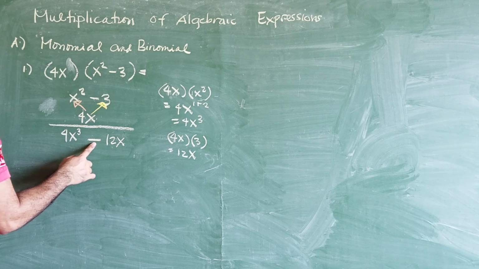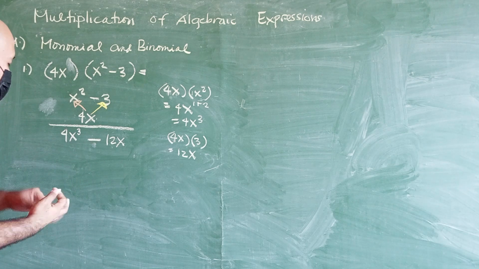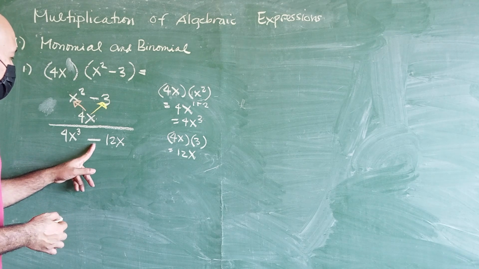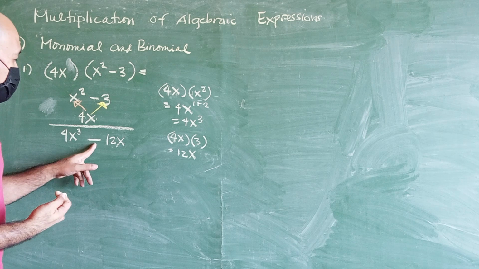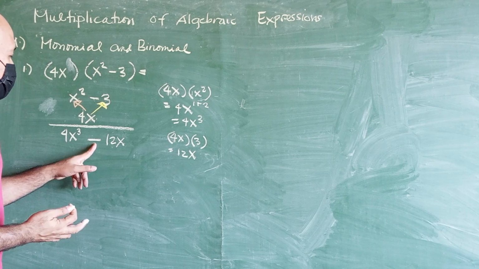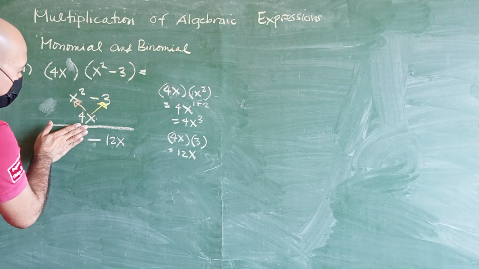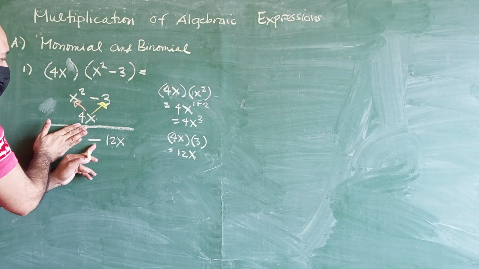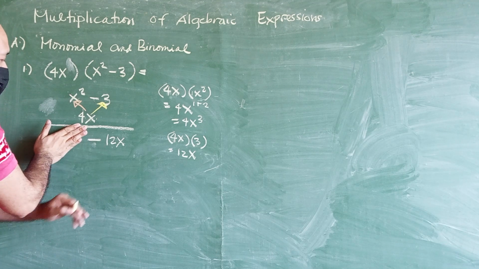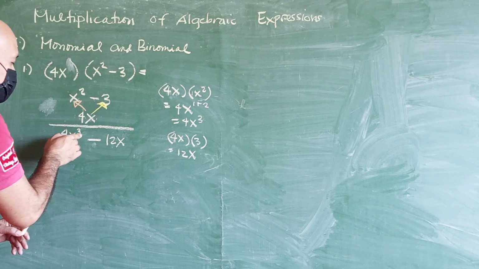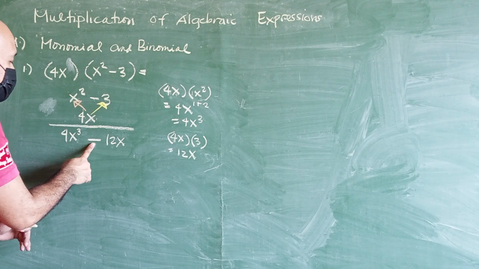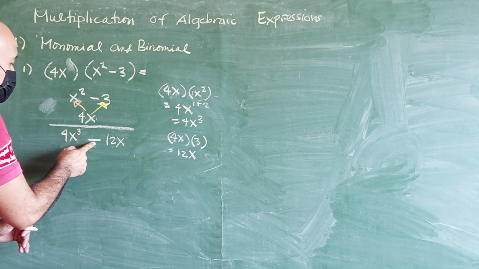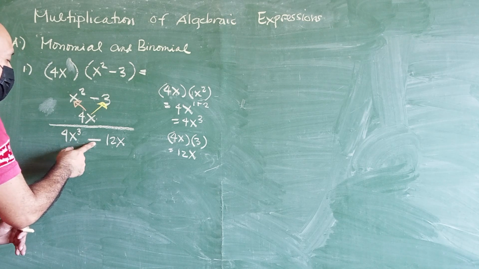Since there is a term before 12, you consider this as minus, not negative. I keep repeating this because some of you are always thinking that this is negative. Again, this is only considered negative if there is no other term before it. That is the time you can read this as negative 12x. However, if there is a term before this sign, like this one, this symbol is not negative but minus.